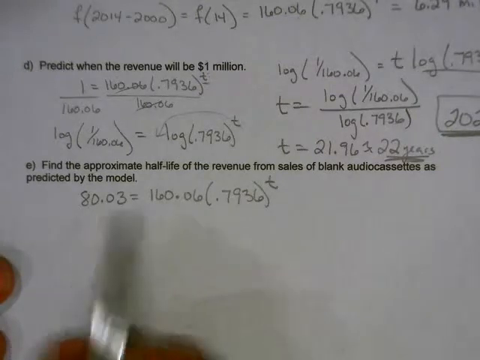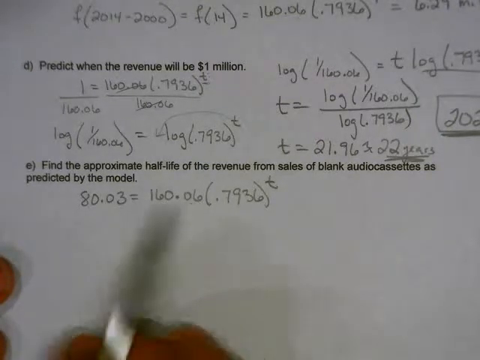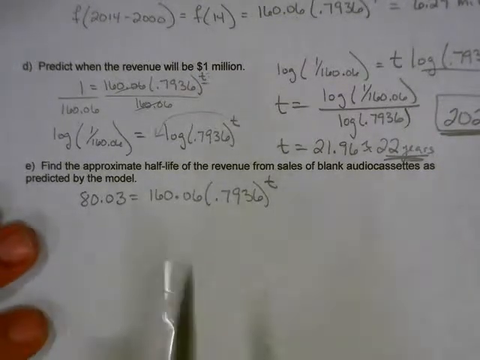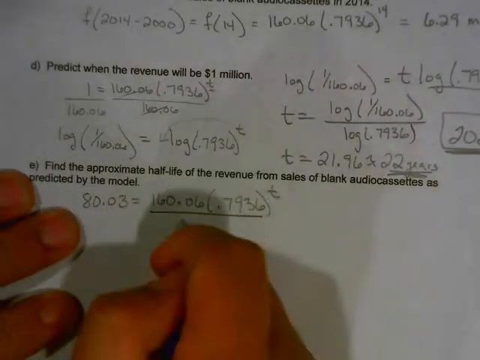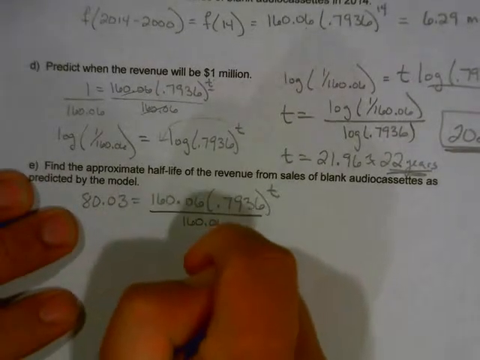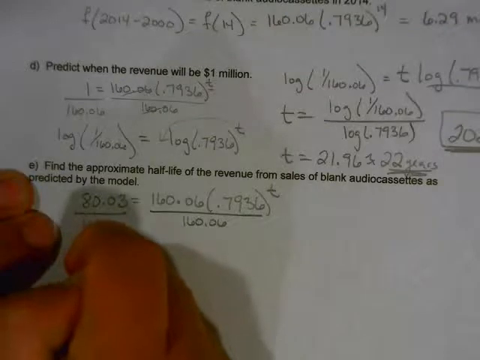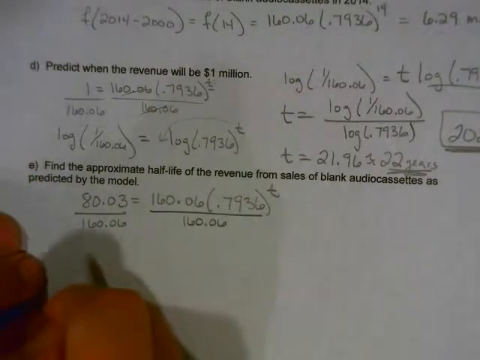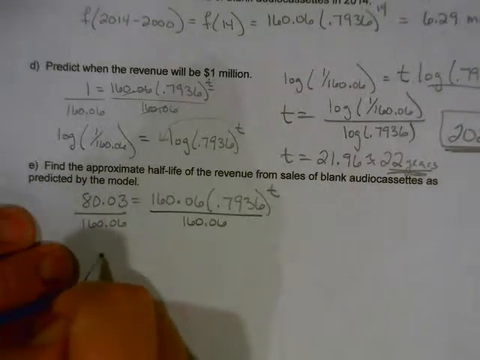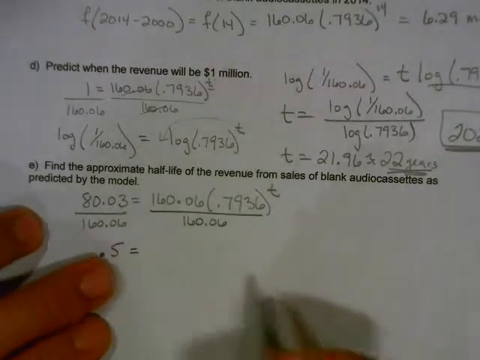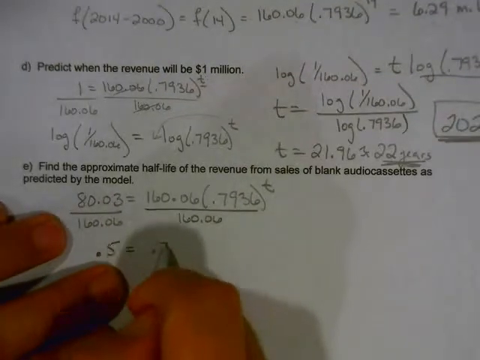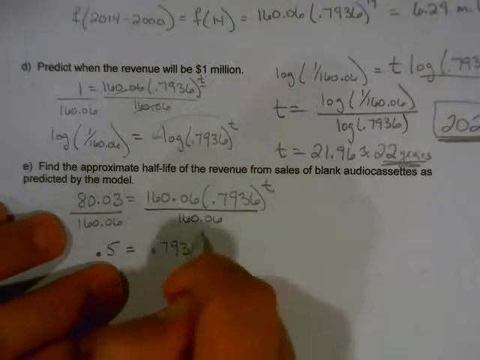So again, how did I find that? I took 160.06 divided by 2. So when we divide by 160.06, we're going to get that half, that 0.5 equals 0.7936 to the t.